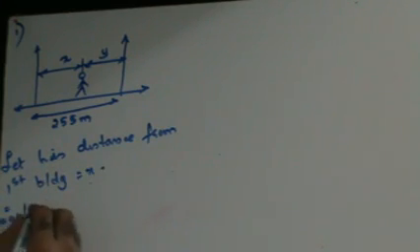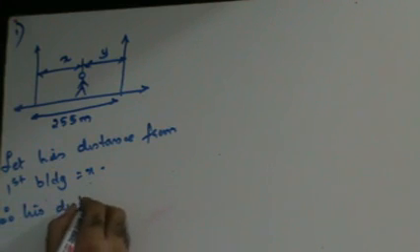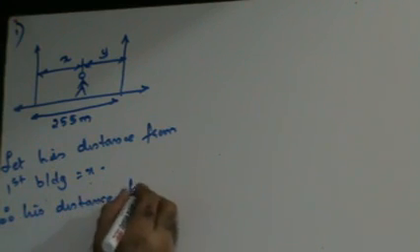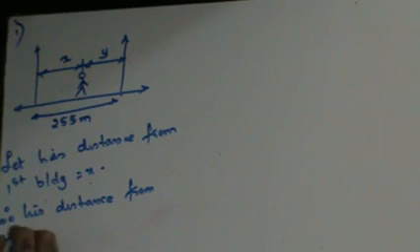Therefore, his distance from the second building is y. Now the total distance between the two buildings is 255 meters. So I can say x plus y is 255 meters.